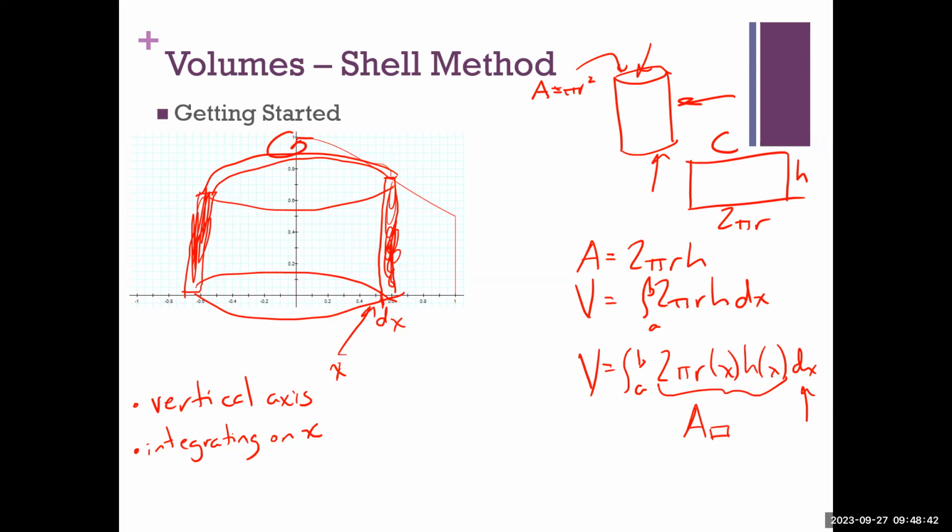So for any given value of x, we'll treat the height as fixed. But as you move throughout the shape, if I were to make this rectangle here, then yes, I'm treating it like it has a fixed height for that value of x, but it's a different height than if I would have made that x happen somewhere else. So because of that, I have to treat the height as something variable.